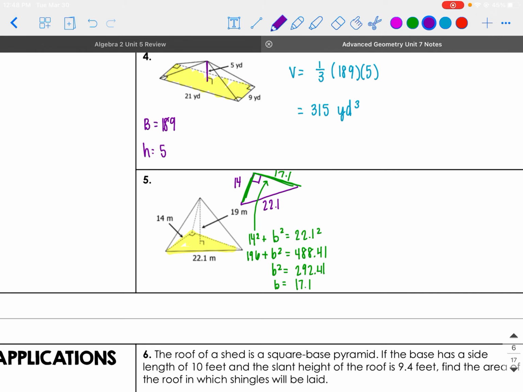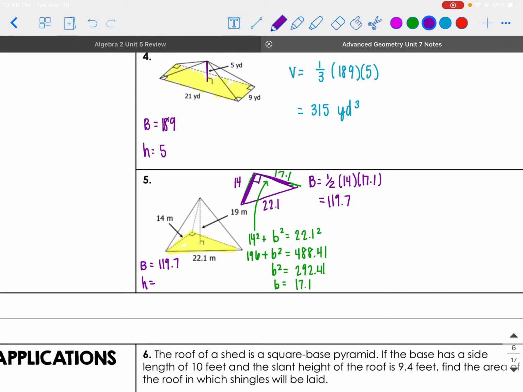So then to find the area of the base, it's half times 14 times 17.1, which is 119.7. So a little extra work on that one. But last unit, you learned all about area of triangles, so that shouldn't be a problem for you.